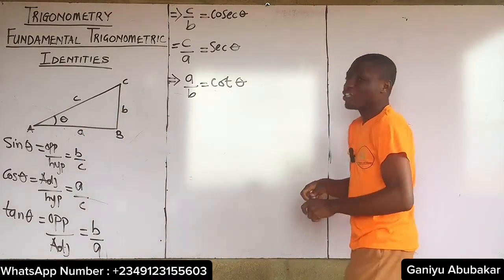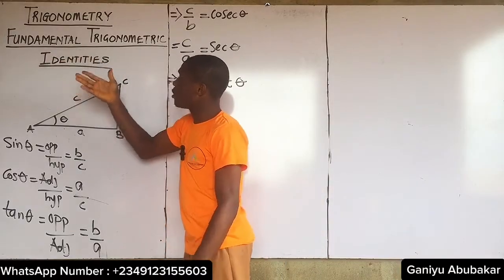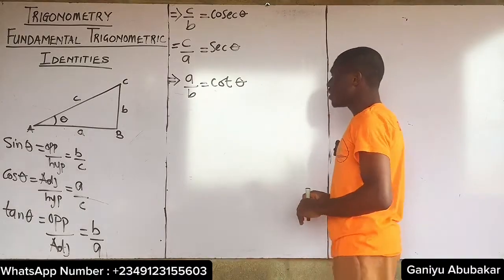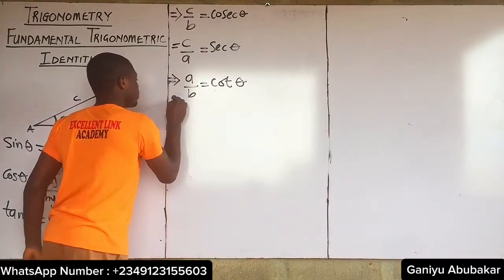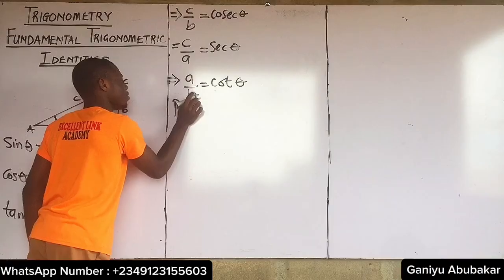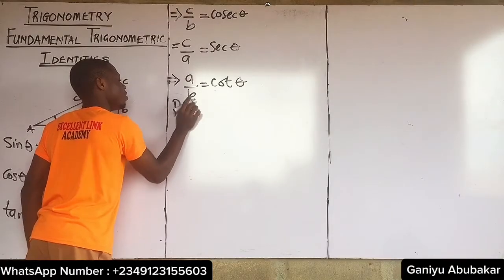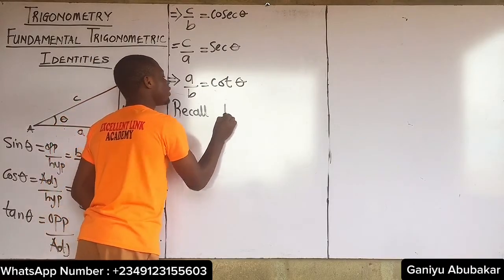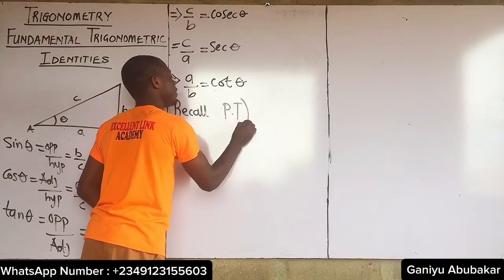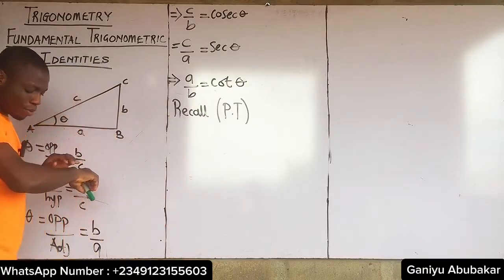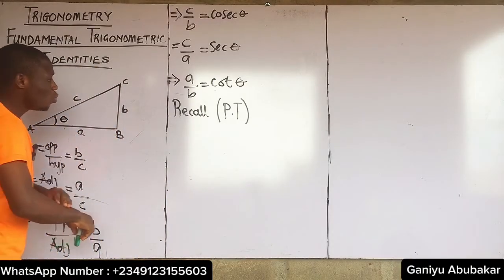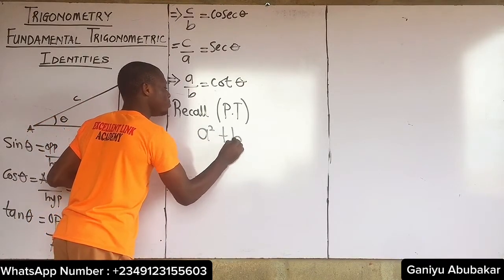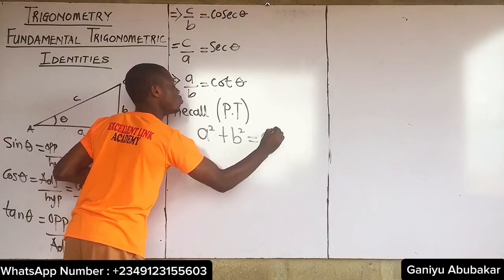All right, let's start with the derivation of the fundamental trigonometry identity. First, we recall from Pythagoras theorem, let me call it PT, which says that A squared plus B squared is equal to C squared.